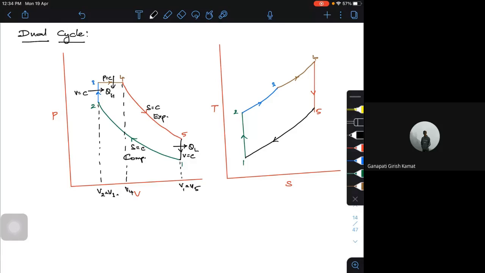Similarly, P3 is equal to P4. This is my P2, this is my P5, and this is my P1. So this is how you can draw the horizontal and vertical lines to get the corresponding pressures and volumes.